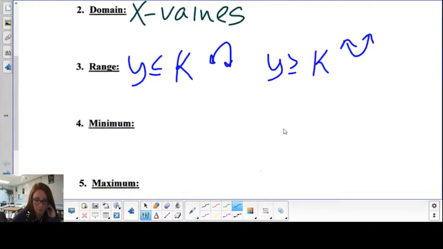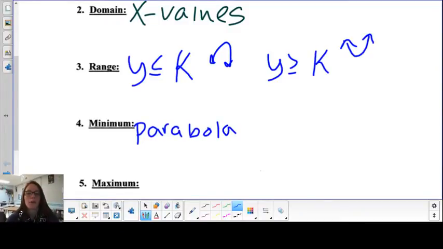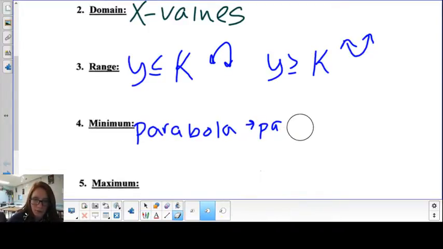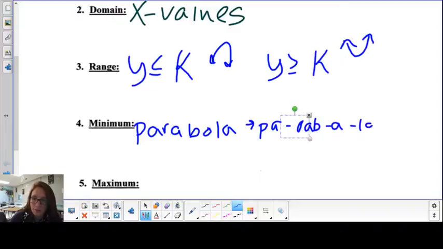If it's a minimum, that's when the parabola opens up, and it's talking about the vertex being the minimum. And I know it's spelled parabola, but it's pronounced differently. If you want to spell it phonetically, that's a very awful art.